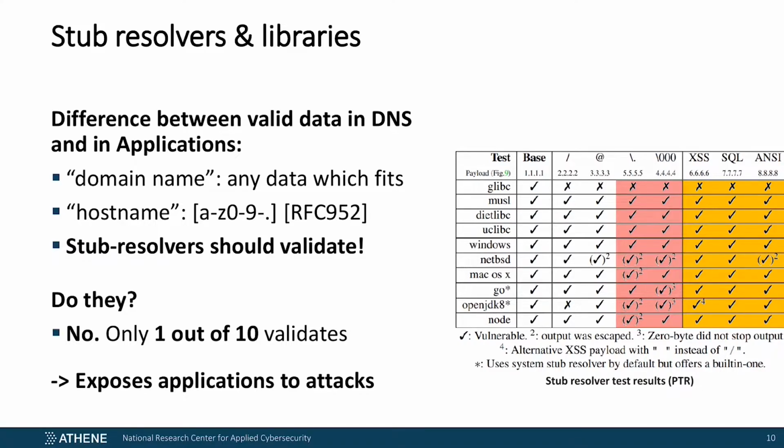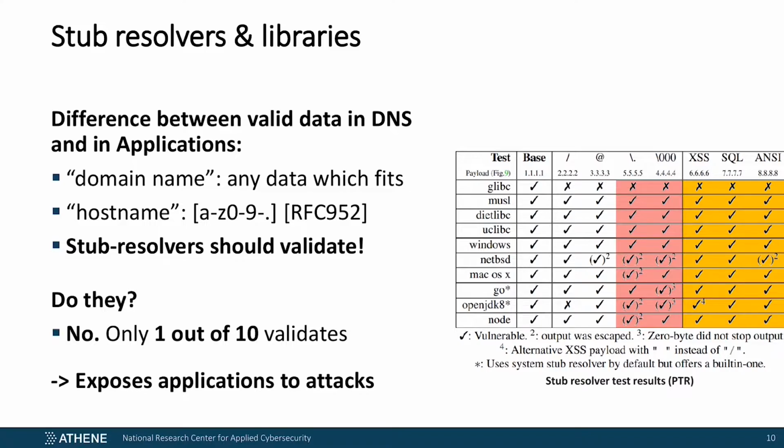However, we tested the most common stub resolver implementations and found out that only one stub resolver implementation, glibc, validated this data, and every other implementation was vulnerable in the sense that it exposes the application to such an attack. They also misinterpreted the payloads I sent you previously, but that's not necessarily the point here.